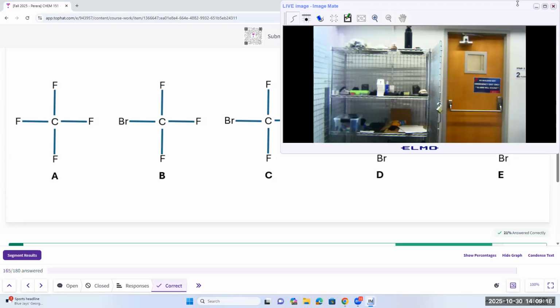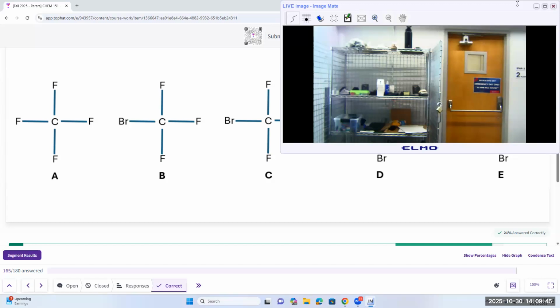Now, keep in mind, if we have a tetrahedral molecule, this is really going to be helpful to make a note of. If you have a tetrahedral molecule with the same 4 atoms bonded to a carbon atom or something like silicon, then it's going to be a non-polar molecule. As I mentioned the other day, as soon as you replace one of those atoms with anything else, it's going to become a polar molecule.